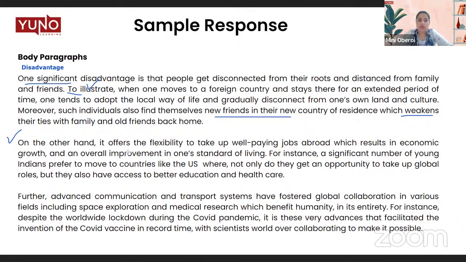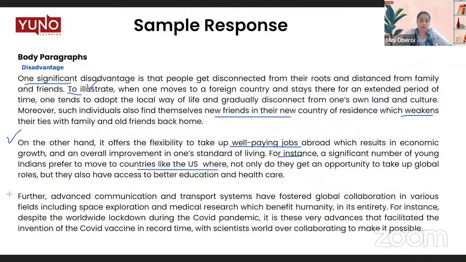On the other hand, it offers the flexibility to take up well-paying jobs abroad, which results in economic growth and an overall improvement in one's standard of living. For instance, a significant number of young Indians prefer to move to countries like the US, where not only do they get an opportunity to take up global roles, but they also have access to better education and healthcare.